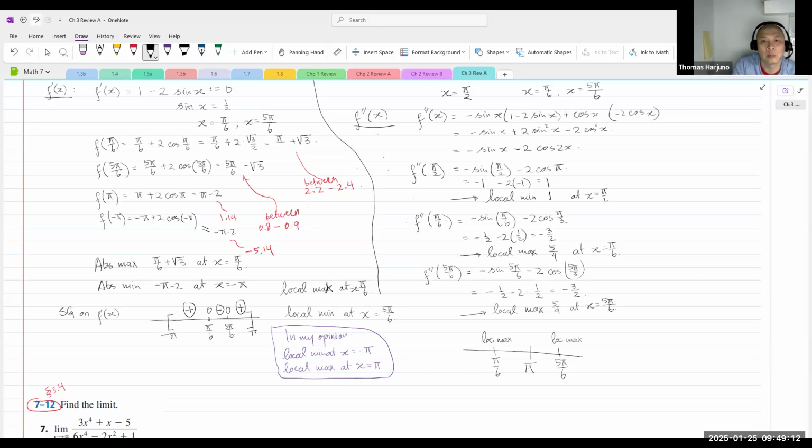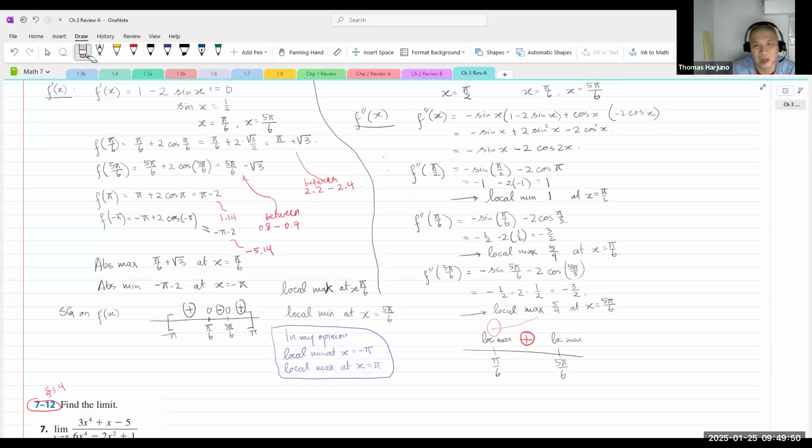But my logic earlier is this: suppose there are no more critical numbers in between pi over 6 and 5 pi over 6, and both of them are local maxima. These are consecutive critical numbers, right? If the slope in between is negative, it's strange: this is a local maximum, it's going down, but you have another local maximum there. Doesn't make sense. Likewise, if the slope is positive, you have a local maximum here, but then the slope after that is positive, so this won't be a local maximum.